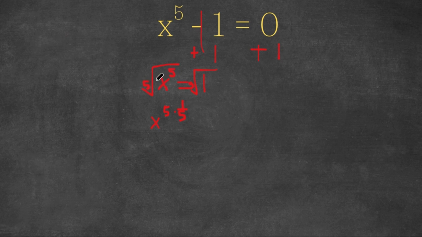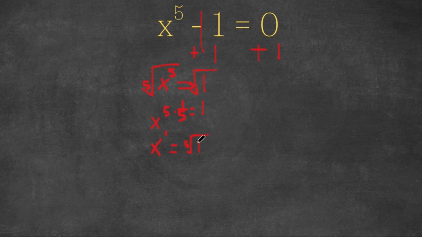The square root is 1/2. So what this number is, that's just 1 over that number. And 5 times 1 over 5 is equal to 1, right? So this is x to the power of 1, which obviously equals x, equals 1 to the root of 5.